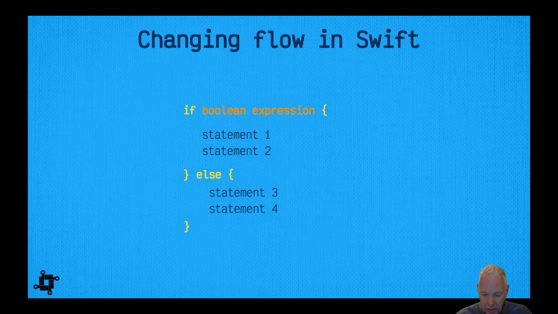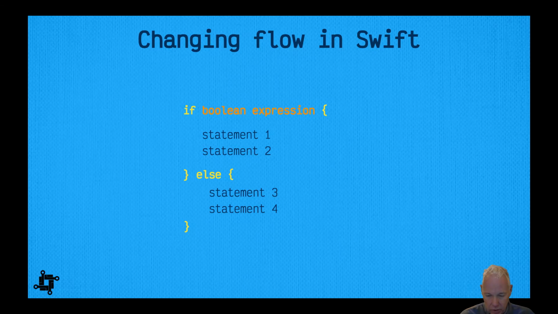The way you want to think about it is if this turns out to be true, we do these two statements. Else, if this is false, we do the else part, these statements here. So true is here, else, i.e. false, is here. And then once this is done, any statements after this are just executed normally.